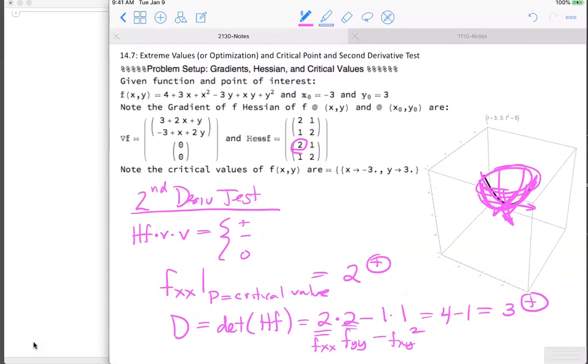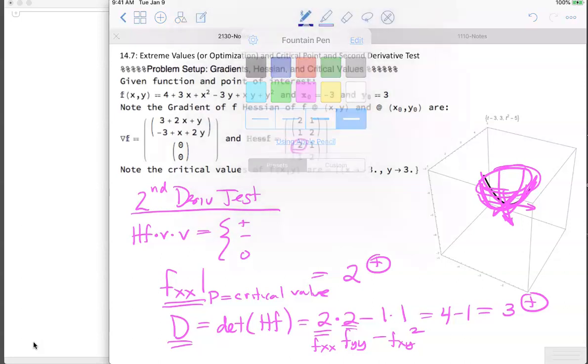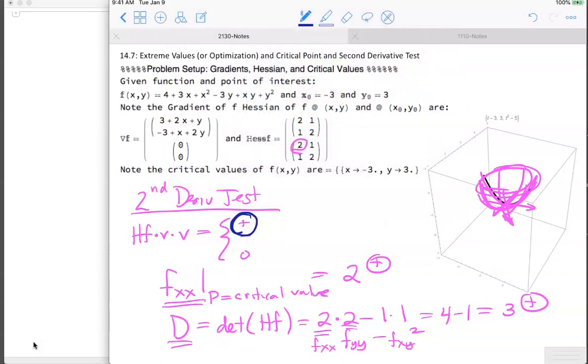Once fxx and d came out to be positive, we knew that was enough to determine that the second derivative in any direction was positive, and therefore the function is going to look like a quadratic approximation opening upward in all possible directions.